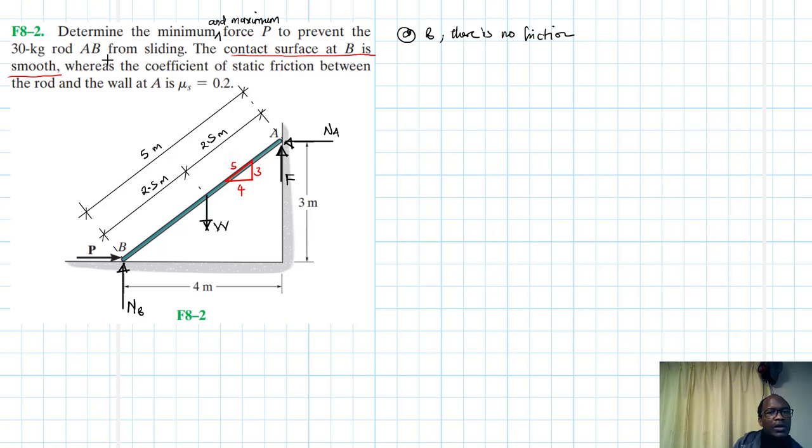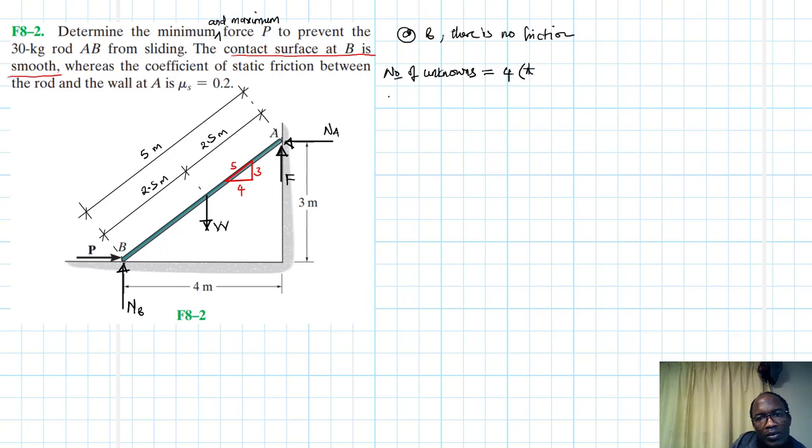Great. So let's count the number of unknowns. How many are they? We have NB, we have P, we have NA, and F. There are 4.